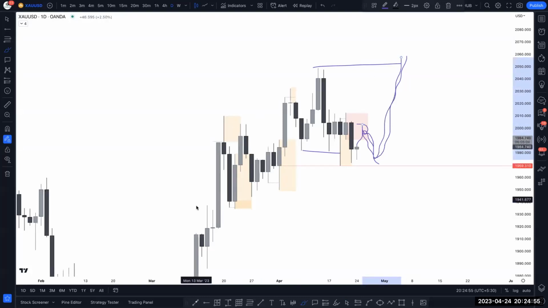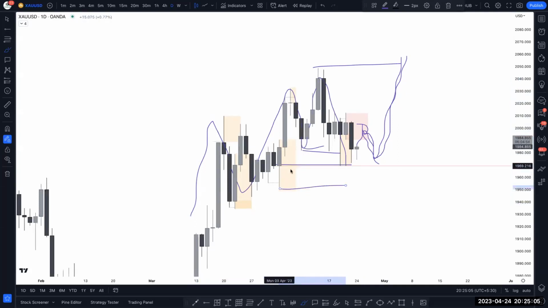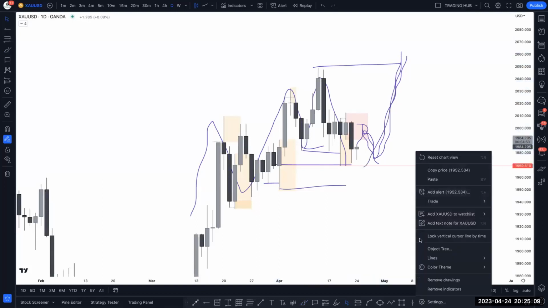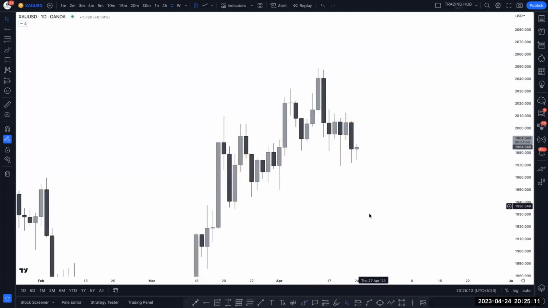Why? Look at this structure. It took out the inducement and mitigated this order block, and because this order block took out the liquidity, an upside move is possible.